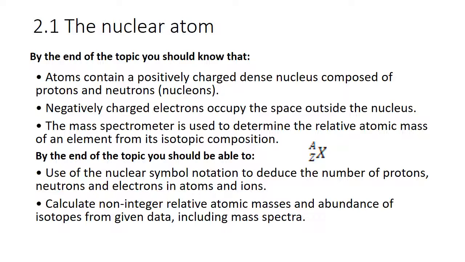You should also be able to use the nuclear symbol notation we see here to deduce the number of protons, neutrons, and electrons in atoms and ions, and calculate non-integer relative atomic masses and abundances for isotopes given data from your data booklet, including mass spectra as part of that data.